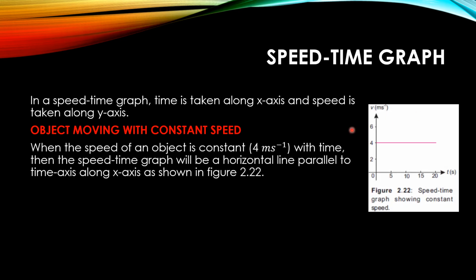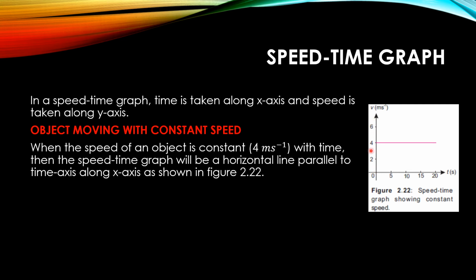When the speed of the object is constant with time, the speed time graph will be a horizontal line parallel to the time axis, as shown in the figure. You can see in the figure, which is taken from your book, a speed time graph showing constant speed. Time is taken along the x-axis and the values of speed along the y-axis.